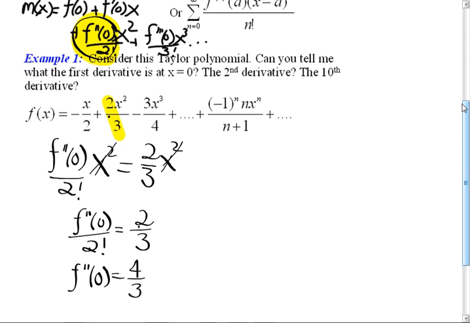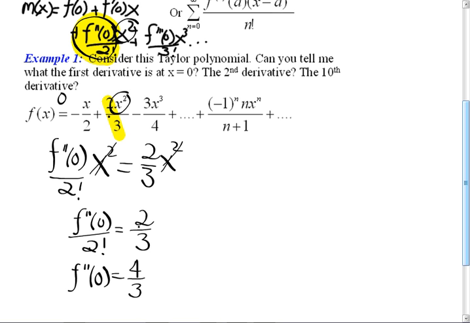This is the Maclaurin polynomial. The 2/3 is the coefficient of x squared, which is this. So, what is f of 0? What's added here in the front? What's the constant? No, it's 0.